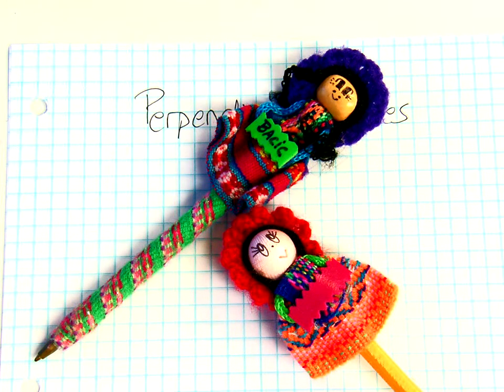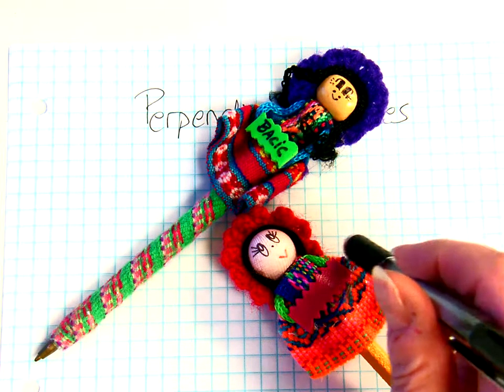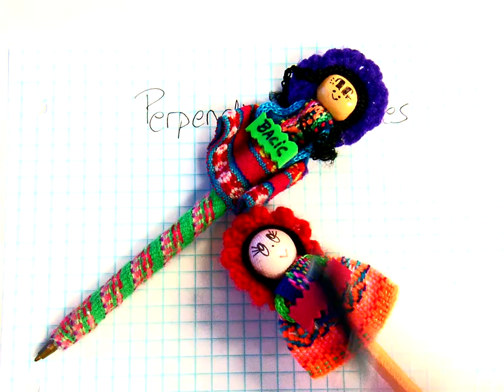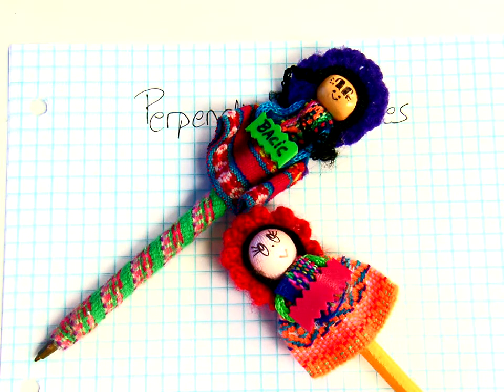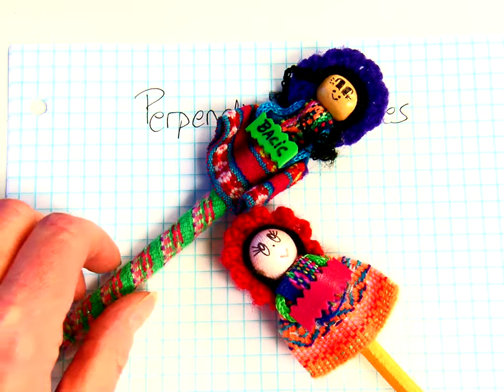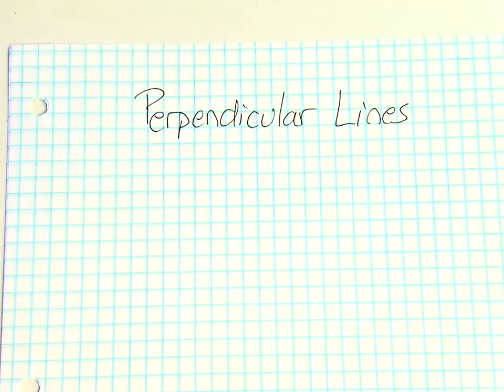This is how we know they are perpendicular, when they intersect at a right angle. You can see that we have a little bit of a right angle here with our twins. So that is perpendicular.